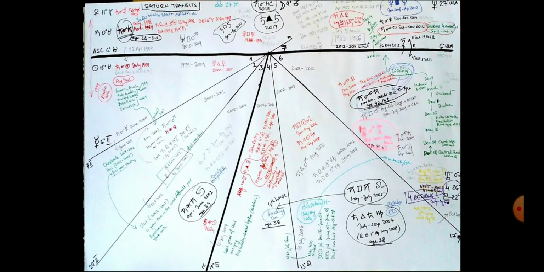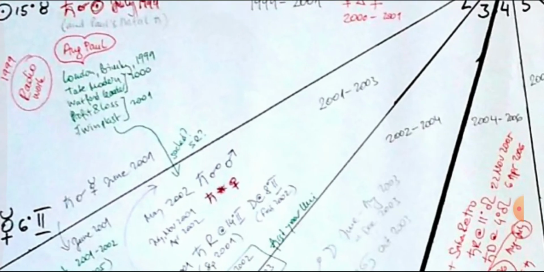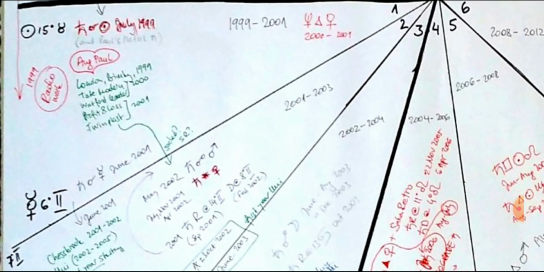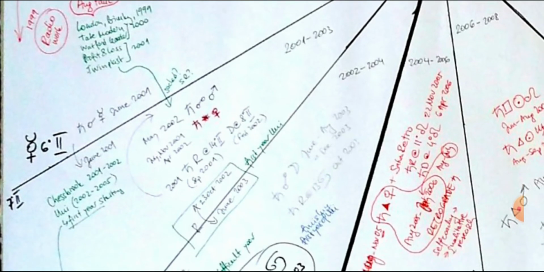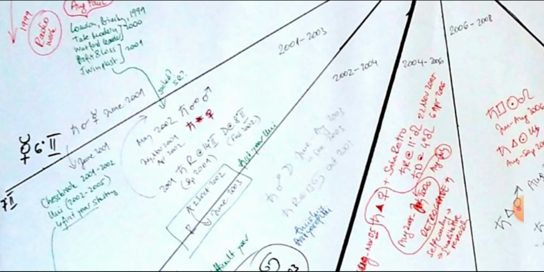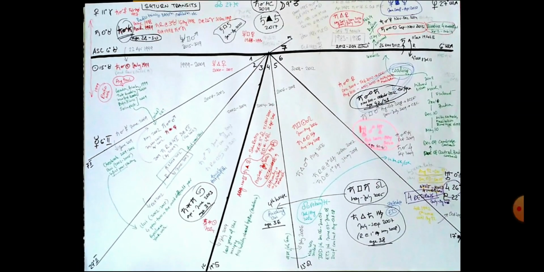I know what's in my first house, so I'm going here, Saturn conjunct Sun July 1999, because I have Sun in 15 degrees and then Mercury 6 degrees, so then it's Saturn conjunct Mercury June 2009. I wish I'd done this prettier at the time, but essentially you want to have a big spread. This is a huge poster thing I still have with me, and because it's not as pretty, I don't hang it up.